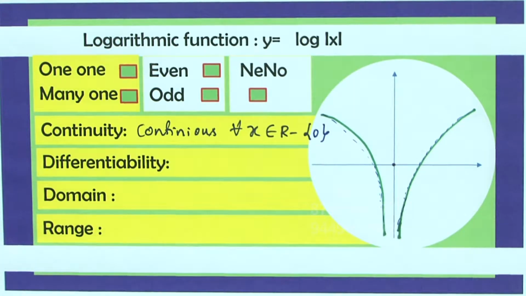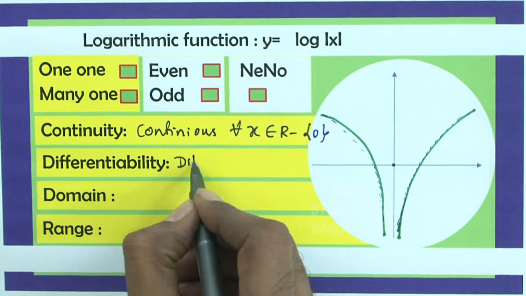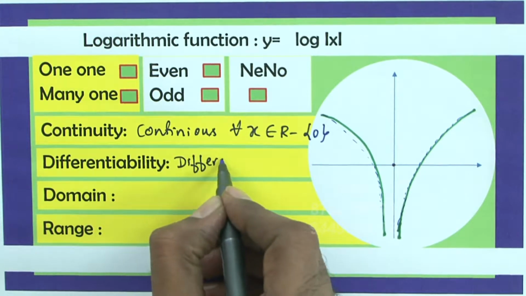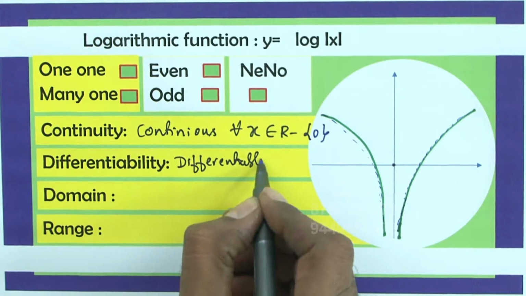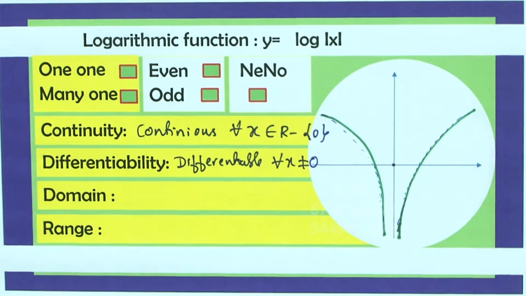Or you can say for all x not equal to 0, it is continuous. And of course, it is differentiable for all x not equal to 0. It's understood and evident from the graph.